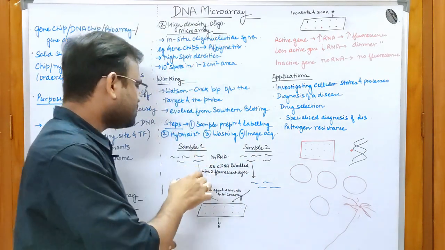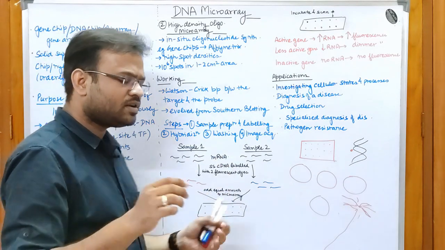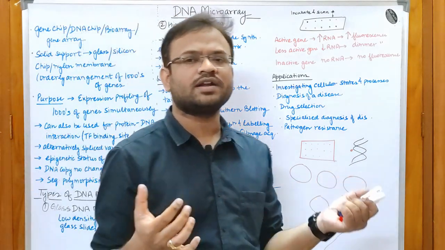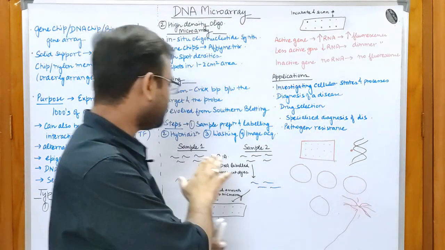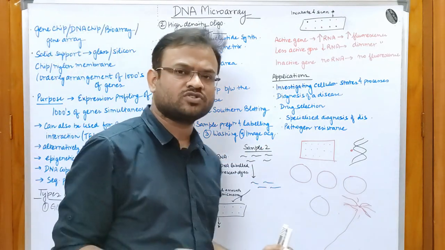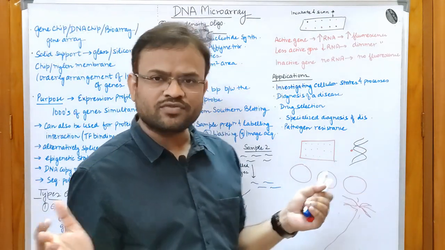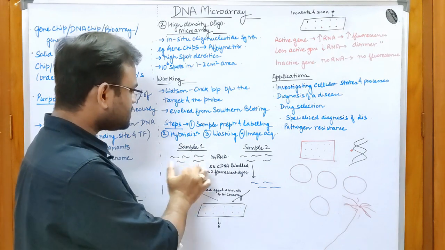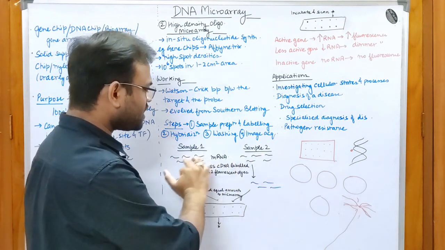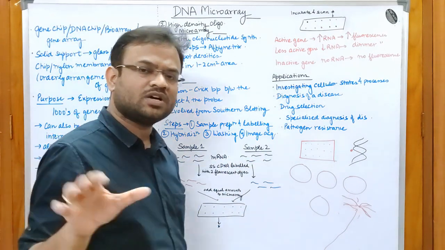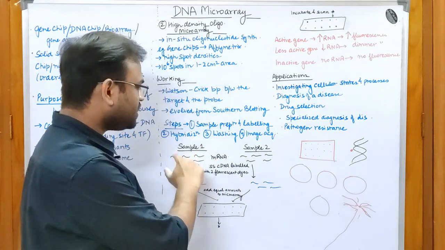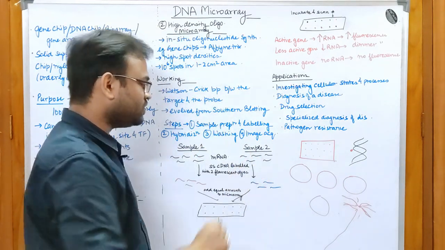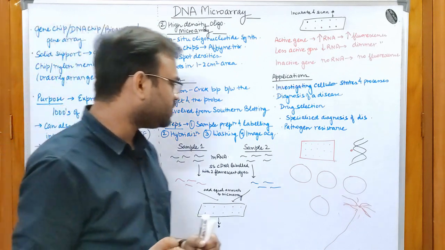Okay, so now we are taking out some of the RNA from the liver of individual 1 and individual 2. You can isolate the RNA from the liver. Okay, so what is this? These are the RNA fragments that you have obtained from the liver of the normal individual and of the diseased individual. Okay, then what are you doing?